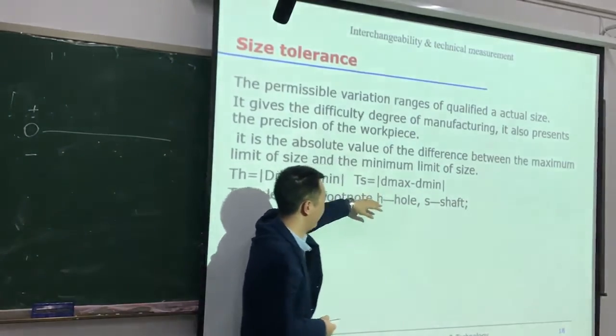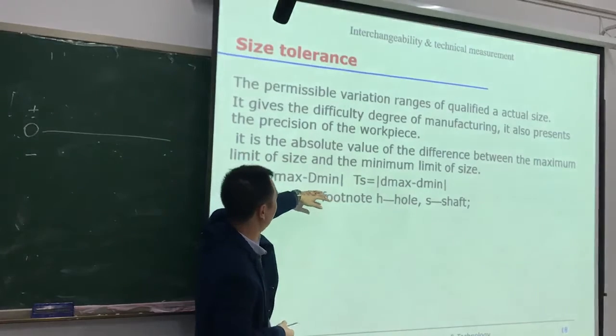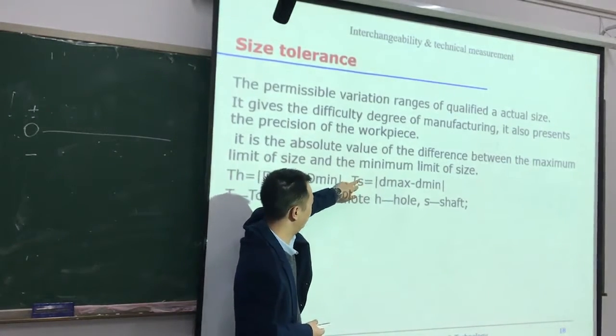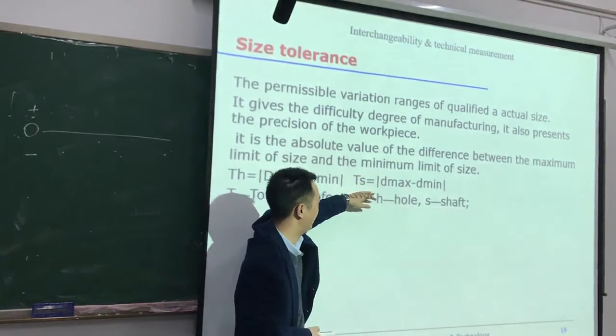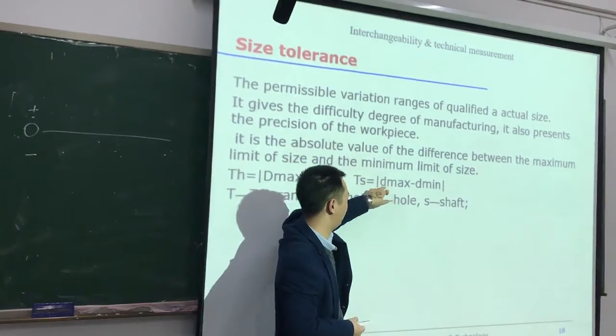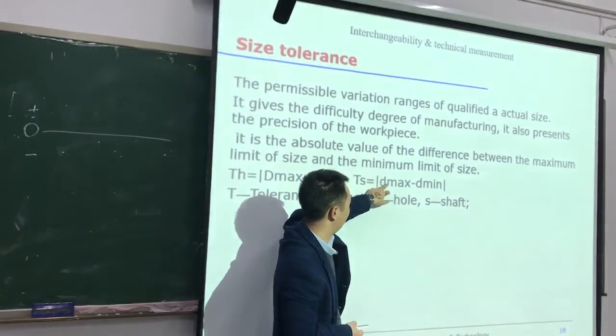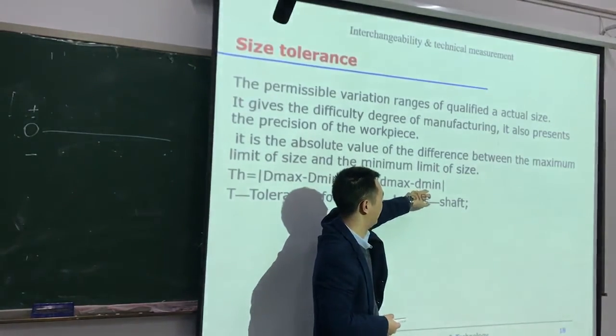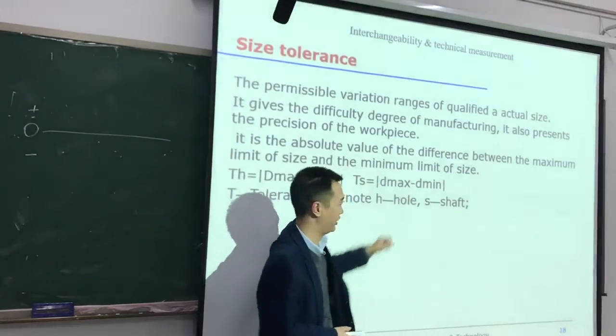In the same way, we can calculate the tolerance for the shaft. This S means shaft. It is the maximum limit of the size minus the minimum limit of the shaft.